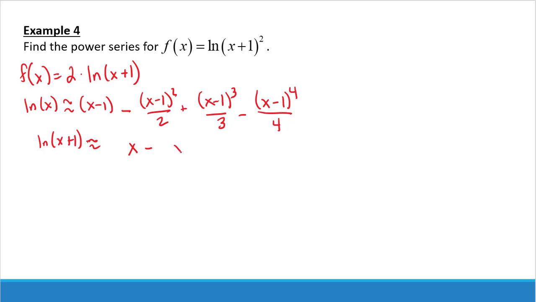Those are important. And then we want to multiply this by 2. So you just multiply all the terms by 2. Okay? And if they ask for the general term, we have to write negative 1 to the n minus 1 x to the n all over 2n. So that would have come from finding this general term here.